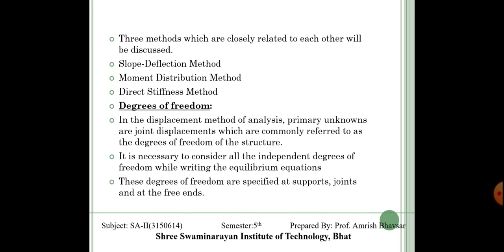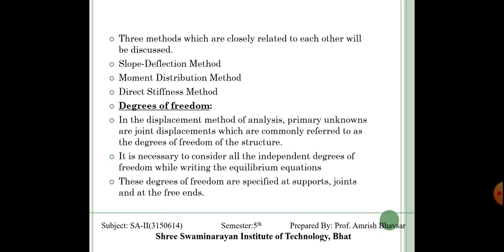Three methods which are closely related to each other will be discussed. The first one is the slope deflection method, the second one is the moment distribution method, and the third one is the direct stiffness method. So for analyzing the continuous beam, we have a number of methods.